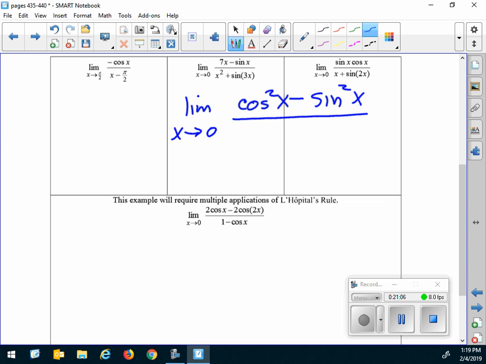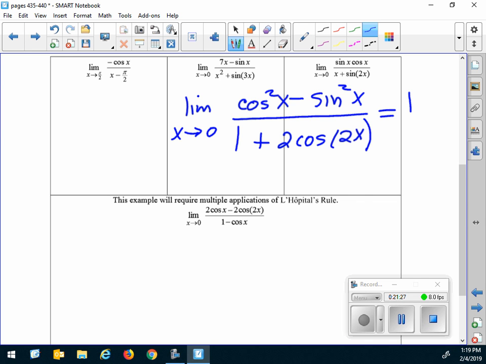Denominator, derivative. All right, let's go. Cosine of 0 and then square it. What do you get? 1. Sine of 0 and then square it.